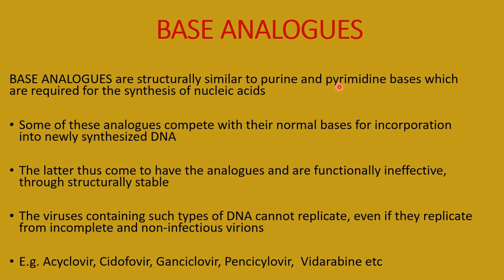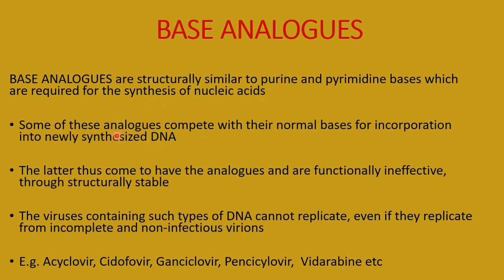Those are called nitrogen bases: adenine, guanine, cytosine and thymine. These are essential to build up the nucleotides and then to form the nucleic acid. So the base analogues are structurally similar to the purines and pyrimidines, that means nitrogen bases, which are required for the synthesis of nucleic acids.